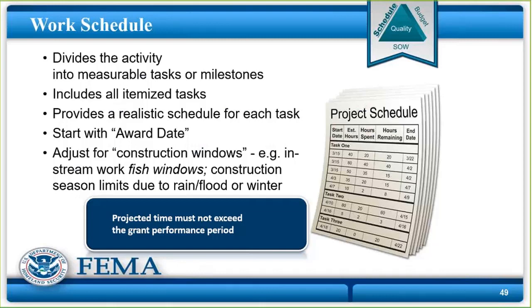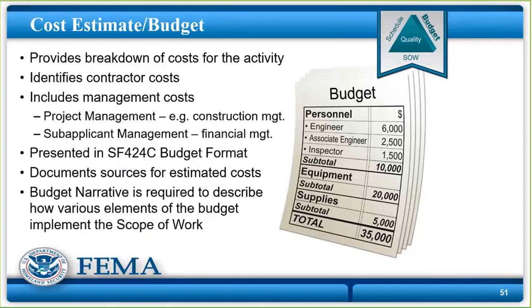If you have in-stream work and you're here in Oregon, Washington, or Idaho, and in some places in Alaska, you're limited to very specific, very narrow fish windows when you can actually put concrete pilings into a stream. And then obviously in Alaska, they have very seasonal limits during which materials can be brought in and during which construction can occur.